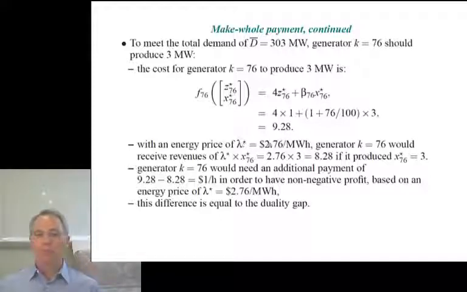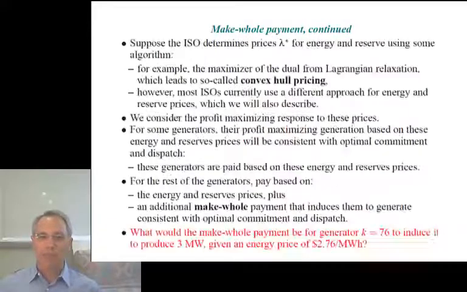For our energy price of 2.76, for 3 megawatts, generator 76 would receive 8.28. So if it produced 3 units, generator 76 would lose $1 an hour. Or to put it another way, generator 76 would need an additional payment of $1 an hour in order to have a non-negative profit, in fact a zero profit, based on the energy price of $2.76 per megawatt hour. This difference, by the way, is exactly equal to the duality gap.